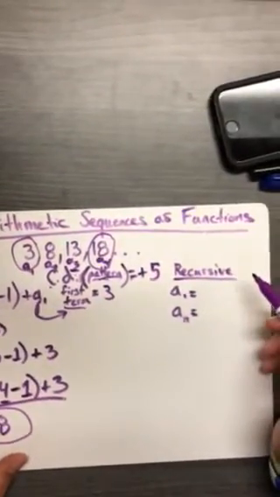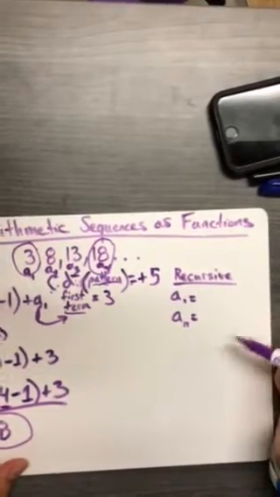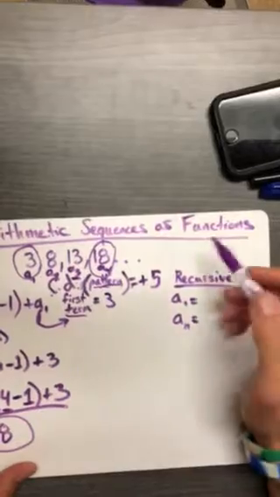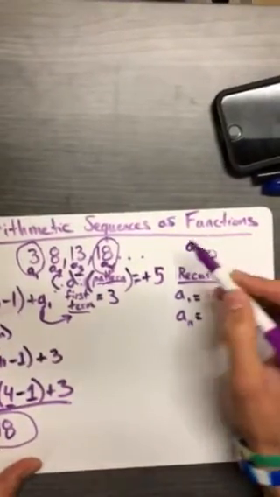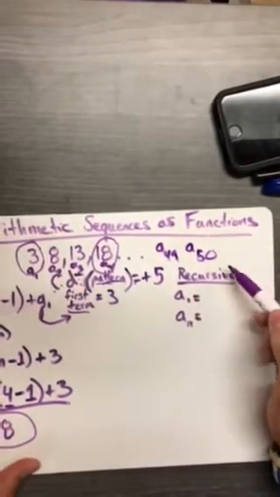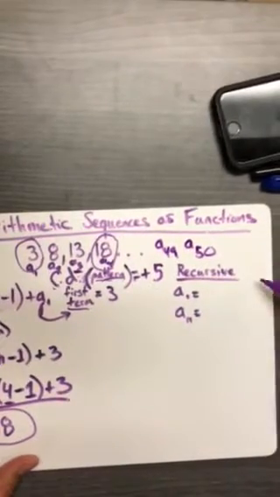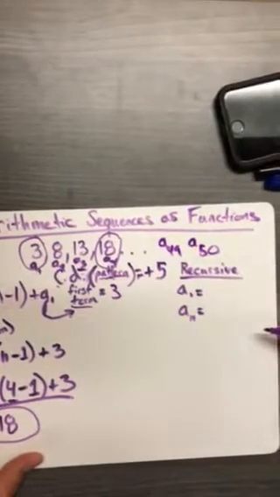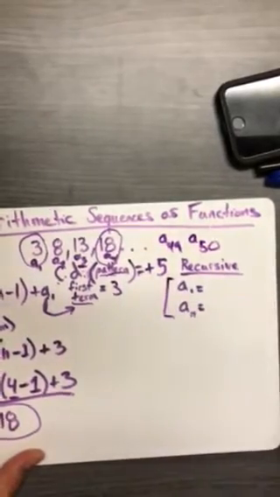Our next type of function is a recursive function. The way this works is you need the term before the term you're trying to find. For example, if you want to find the 50th term, you need to know what the 49th term is to find the next term in the sequence. This will make more sense when we show you how it works. There are two parts to a recursive function.